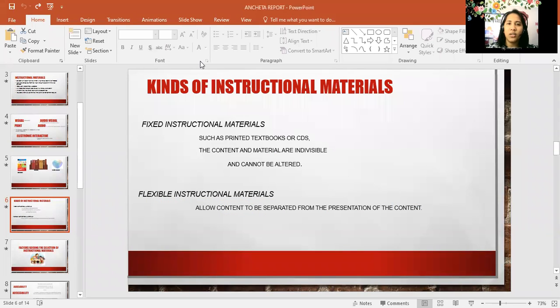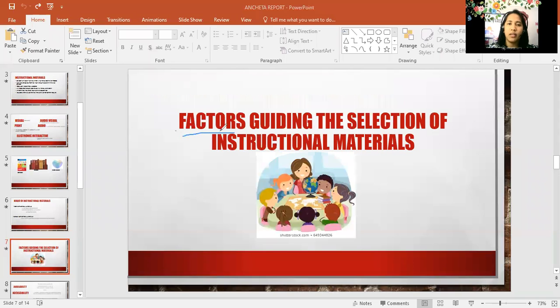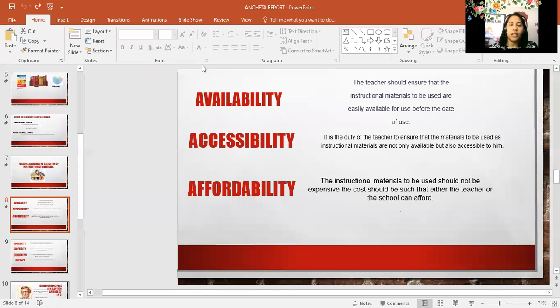So now let's go to the next slide. It's about the factors guiding the selection of instructional materials. There are factors we need to consider in using instructional materials. The first factor is the availability of the materials.